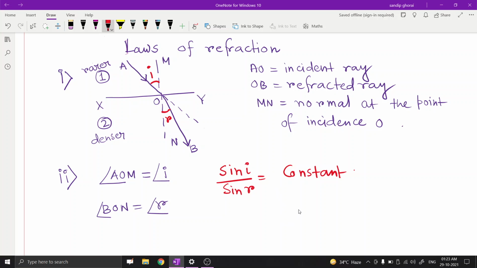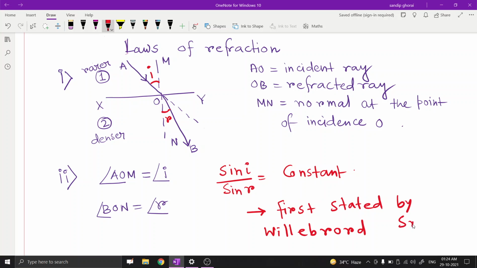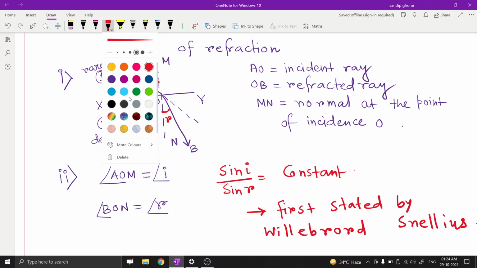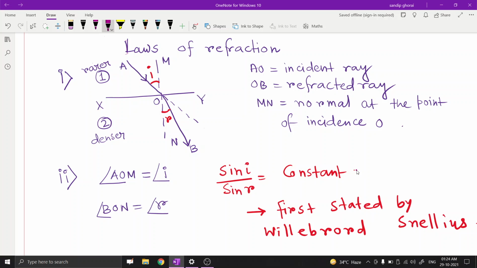This law was first stated by the astronomer Willebrord Snell, and the law is called Snell's law in short.